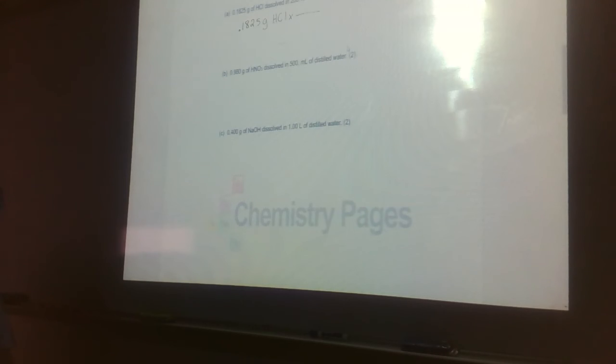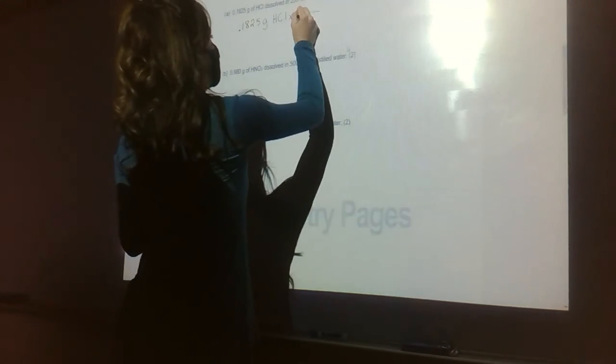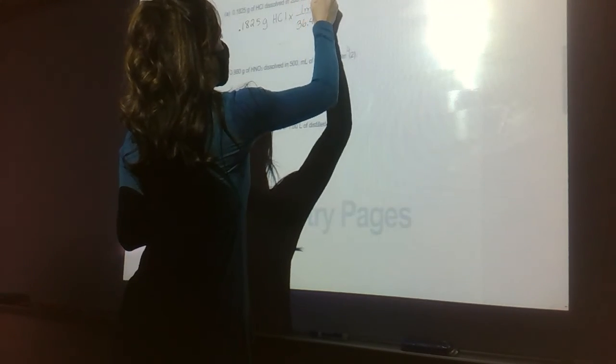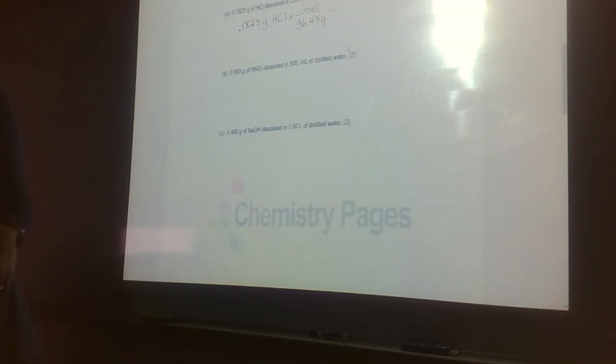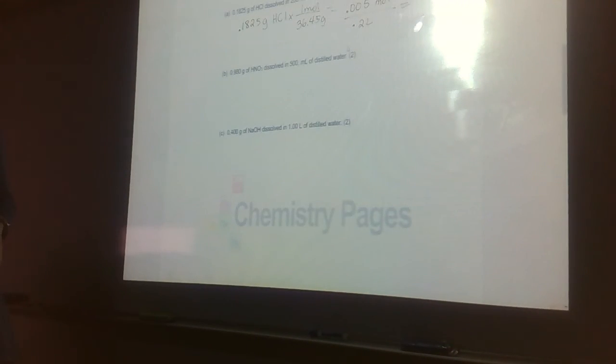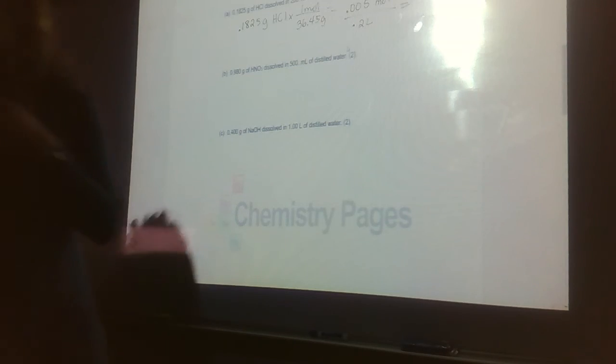HCl is 35.45 plus 1.008. 0.005 moles divided by 0.2 liters. 0.025.